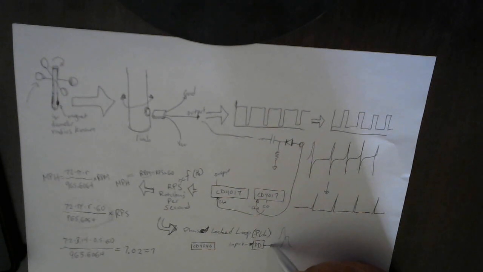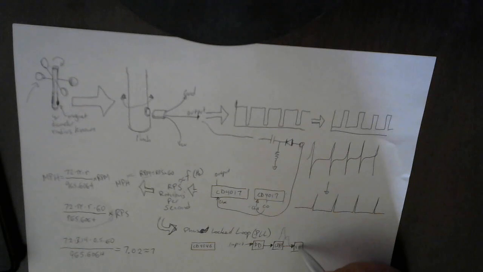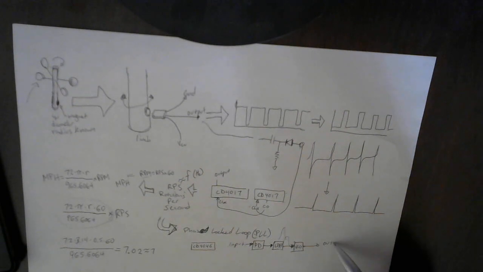Once it detects the phase, it puts it through a low pass filter just to get rid of any signal noise. Then it puts it into a voltage controlled oscillator. That voltage controlled oscillator then oscillates based on the input frequency, and that becomes the output signal.